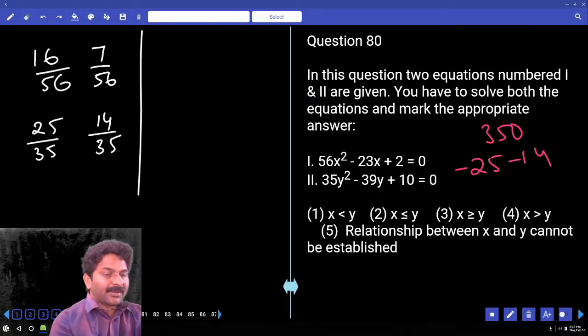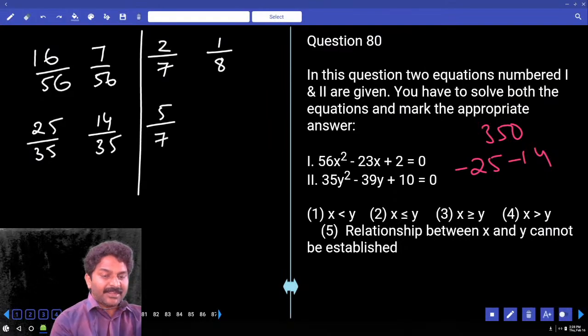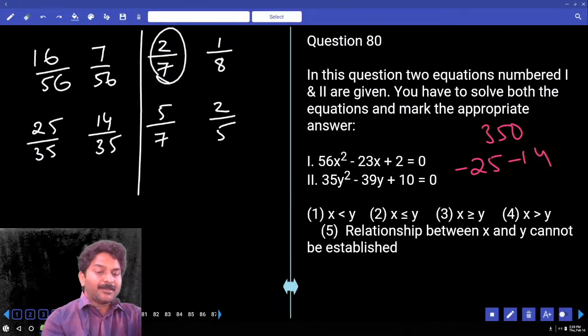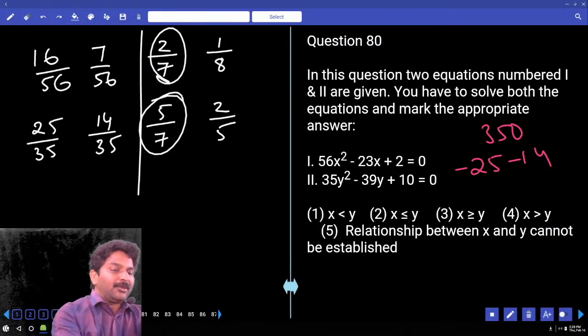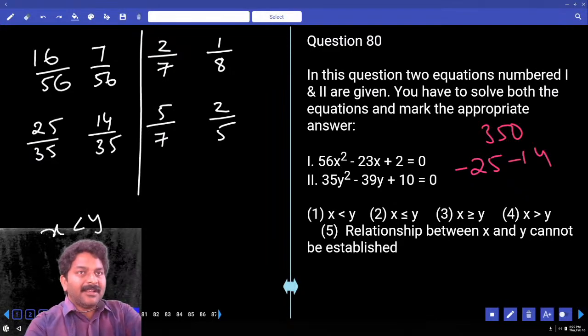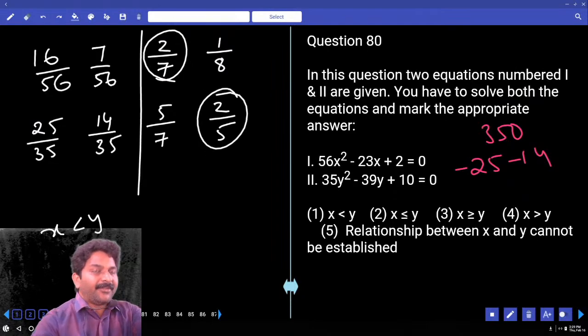Conversion is definitely required. 8 2 times, 7 times. 7 once, 8 times. 5 5 times, 7 times. 7 2 times, 5 times. Correct? Observe these two. Denominators are same. When you compare only numerators, we got x is less than y. Correct? 2 by 7, 2 by 5.